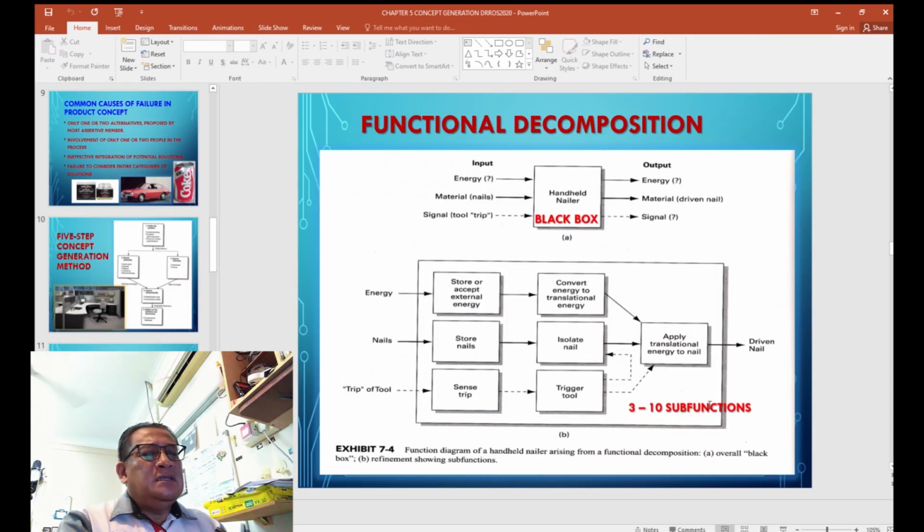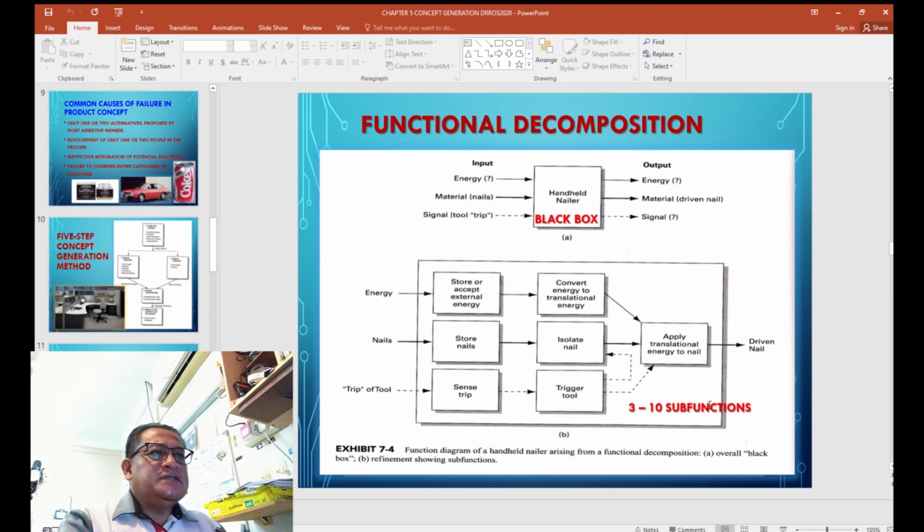For example, in the course of solving the problem in designing a new nailing machine, we have to treat the machine or the product in the form of a black box. For example, this is the black box that you want to solve the problem. This black box is actually to design or develop a new handheld nailer or nailing machine.